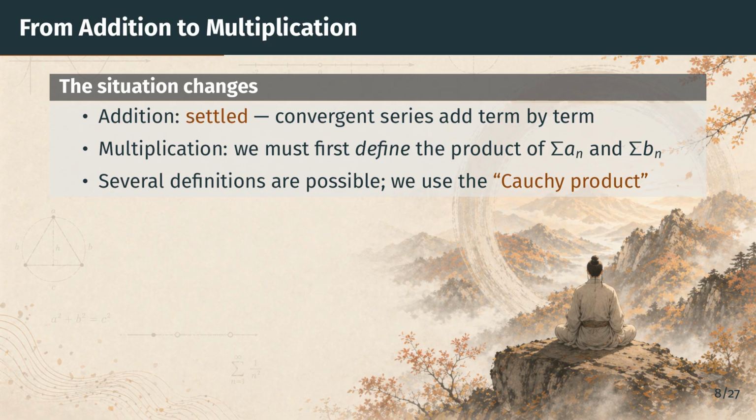To begin with, we have to define the product, because there is no single obvious candidate. One could imagine multiplying corresponding terms, but that turns out not to reflect multiplication of the sums at all. The definition we shall adopt is the so-called Cauchy product, and as we will see on the next slide, it is exactly the definition that power series force upon us.